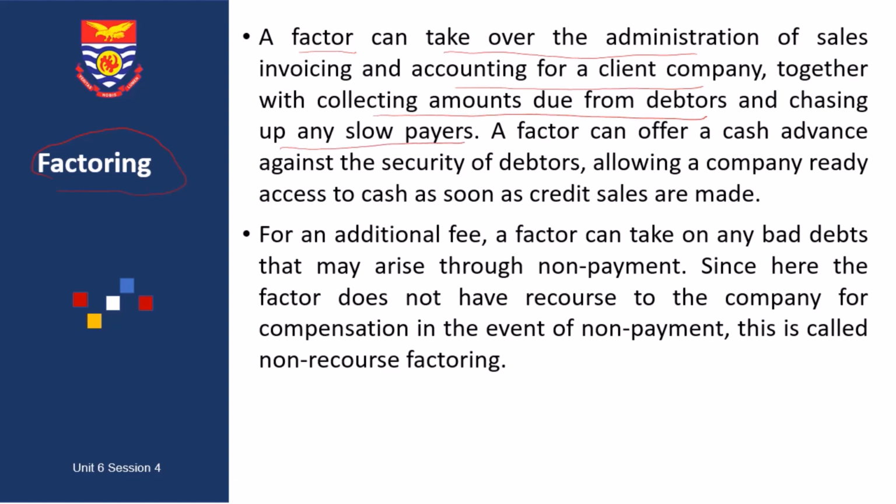A factor can offer a cash advance against the security of the debtors, allowing a company ready access to cash as soon as the credit sales are made. So for an additional fee, a factor can also take on any bad debt that may arise through non-payment.